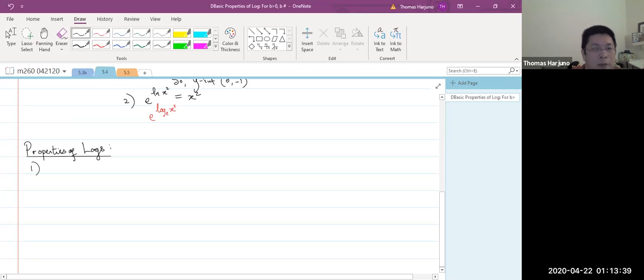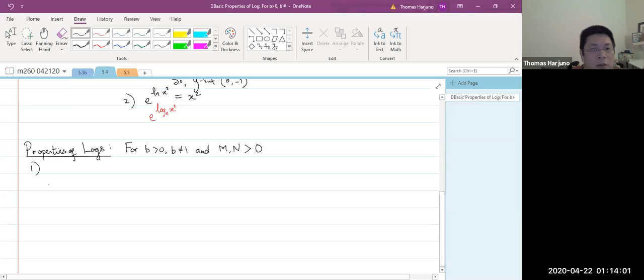The first one: I need to say first that the base b has to be positive and not equal to 1, and m and n, which I use for the argument, have to be strictly greater than 0.